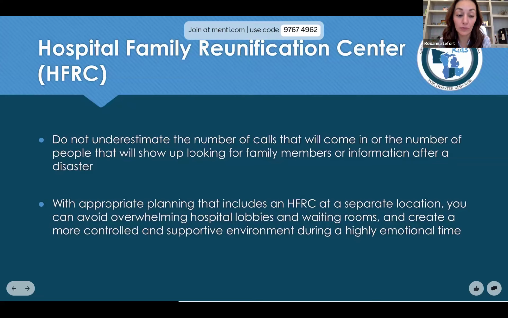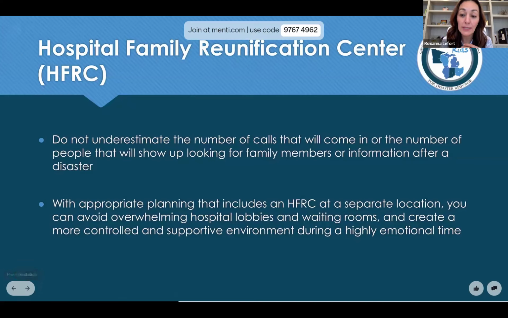Recently we had a church van that was in a car accident, all minor injuries, but the information wasn't accurate. And so we had huge numbers of people showing up trying to find out if their child was there. So they will show up, they will call, and it's super important to have a plan for what to do with people who are frantically wanting to know information about their child.